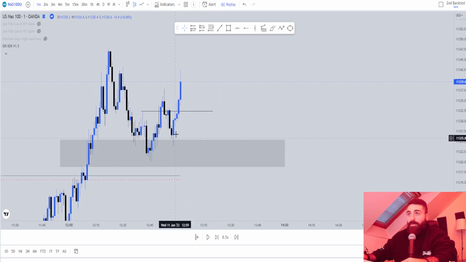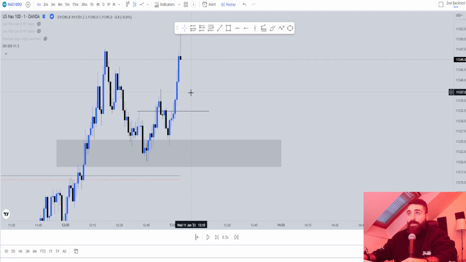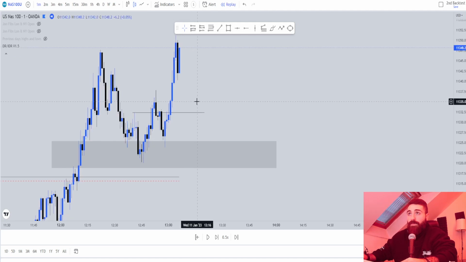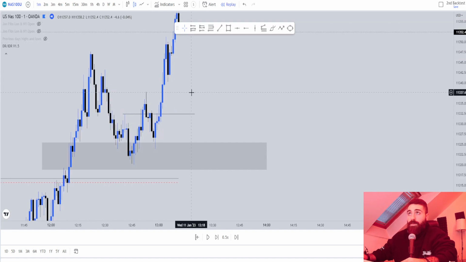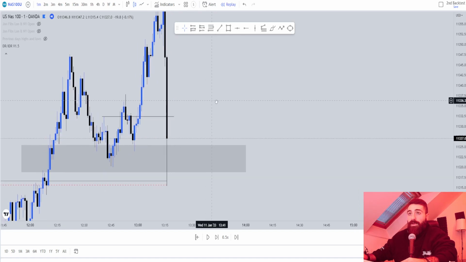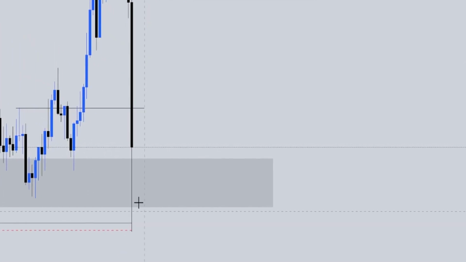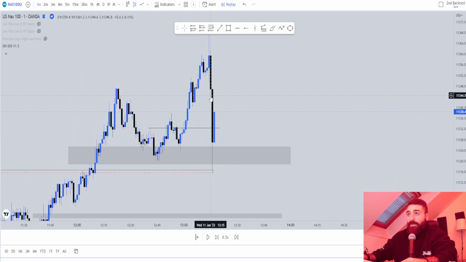But we don't have any fair value gap, we only have this order block. We didn't retest it. Gonna wait for the retest. Okay, it came right to the DR high right here. Let's see now.